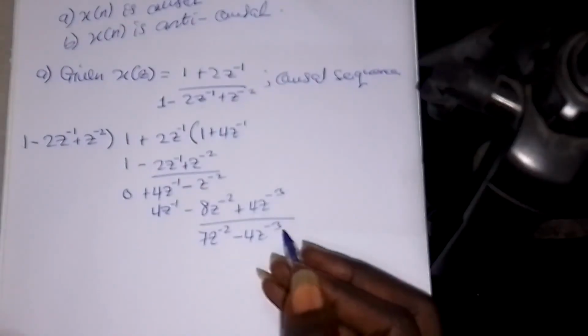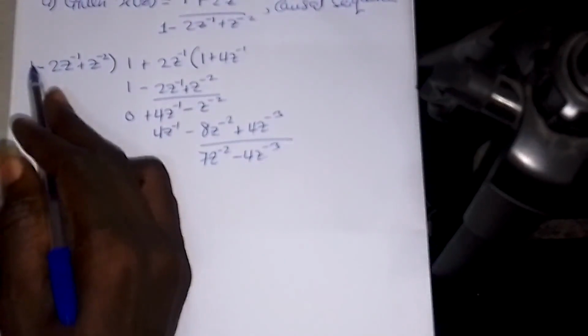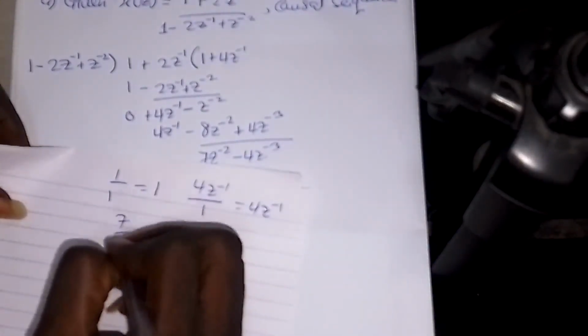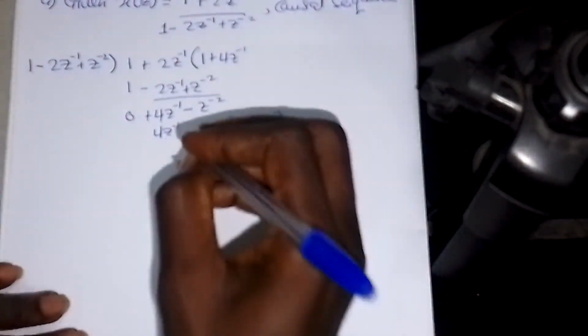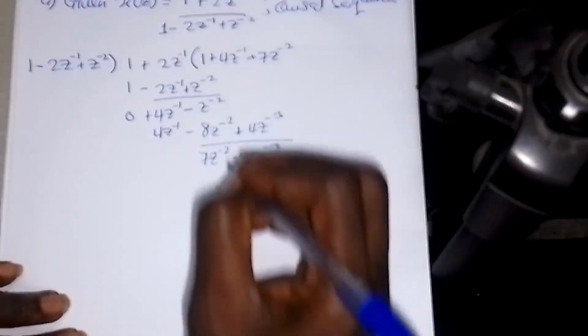Now this one, how many times can this go here? You just do 7 over 1, which is 7. So I'll get plus 7z^-2.